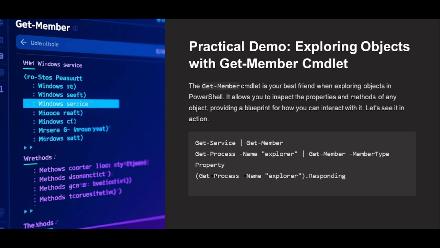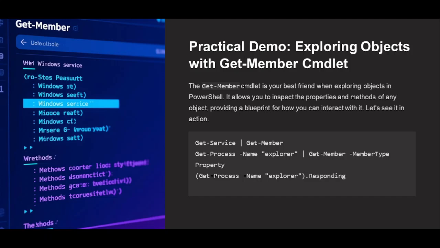So guys, how exactly can we find out the properties and methods of a PowerShell cmdlet? There is one powerful command given by PowerShell, that is Get-Member, which is very useful to find out what properties or methods are available for an object.